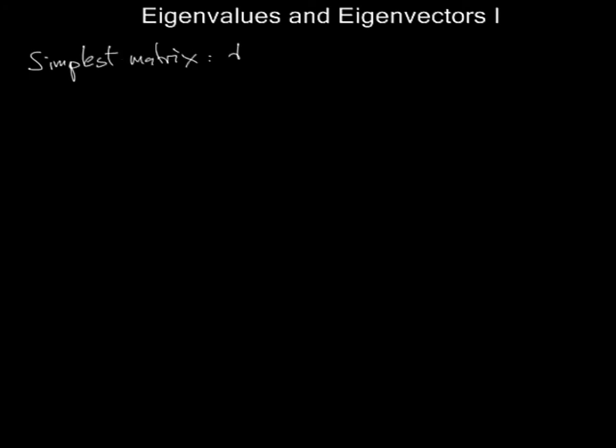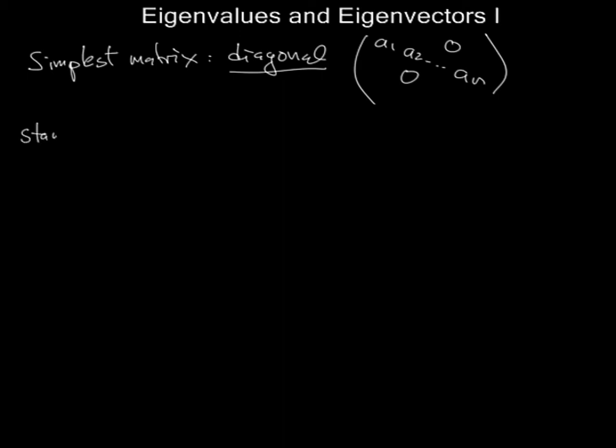All right, now, one of the main points here is I want to talk about the simplest matrices possible. In a lot of ways, the simplest matrix is a diagonal matrix, a1 through an on the diagonal. Such a matrix is very easy to understand. If the standard basis is e1 through en, let's just do n equal to 3.